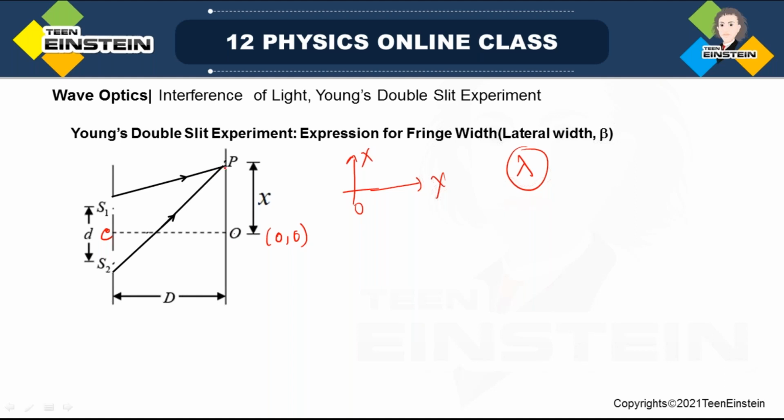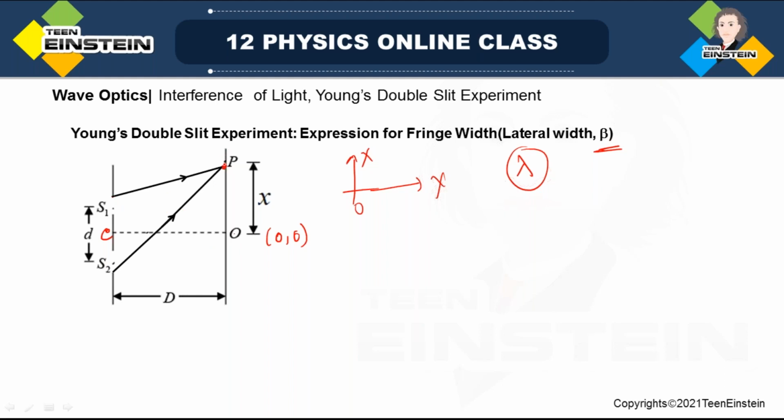So now my question is, how do you decide whether this point P will be bright or dark? If we can find the positions of consecutive dark or consecutive bright fringes, only then will we be able to find beta, which is our aim. So we have to find at what distance dark and bright fringes may occur. There is a condition for that, and to do that we have to use our geometry knowledge from previous classes and find the path difference.